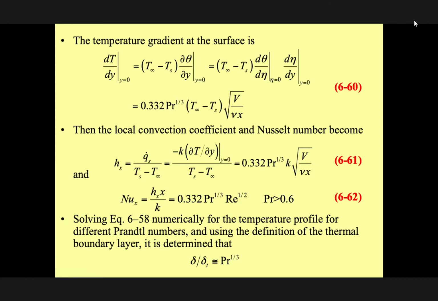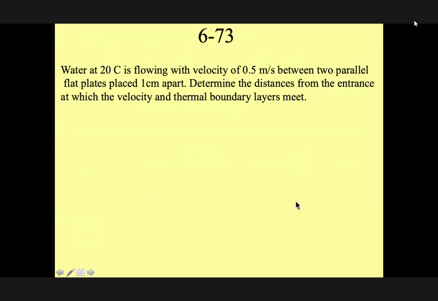Again, we come back every so often to look at here. It's a problem from chapter 6. Try to understand the problem; it's not the solution that is important. Water at 20 degrees is flowing at a velocity of about 0.5 meters per second between two parallel plates.